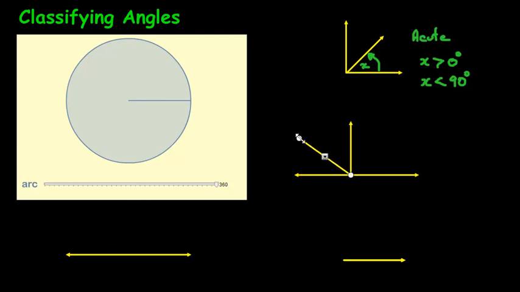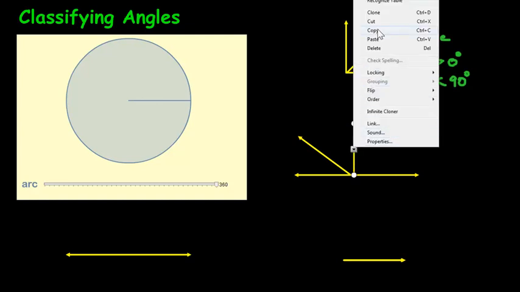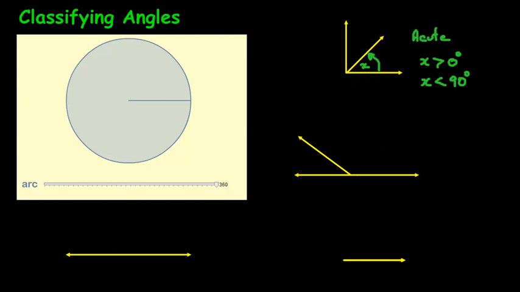So let's position the obtuse angle there, and I'll just get rid of this one, just so that it's not in the road. And we end up with an angle bigger than 90, but less than 180 degrees. So we'll define this as our obtuse angle.